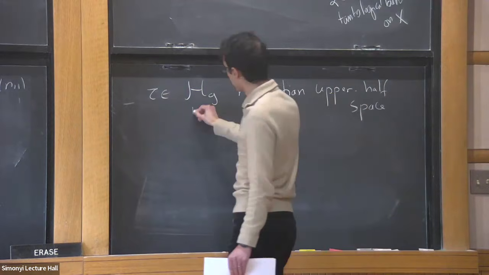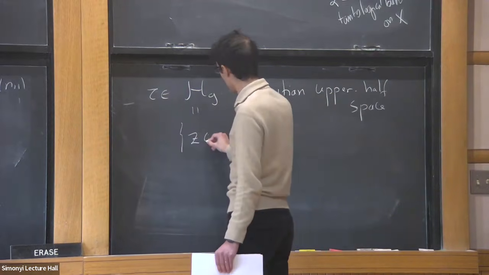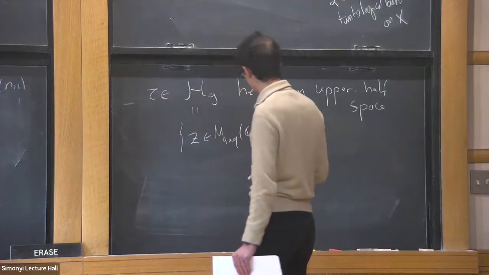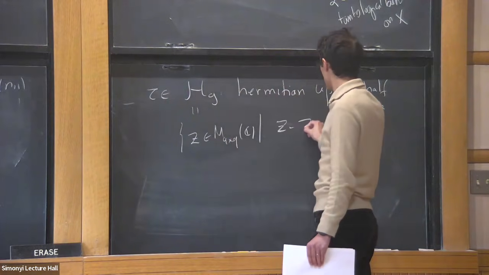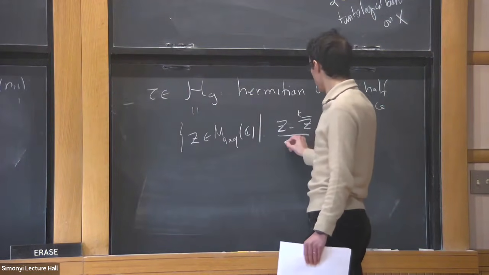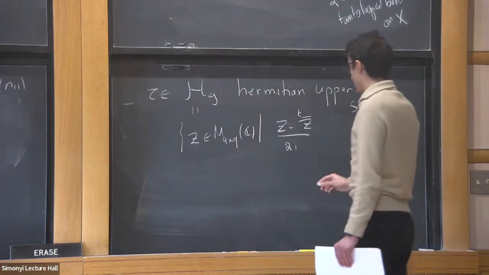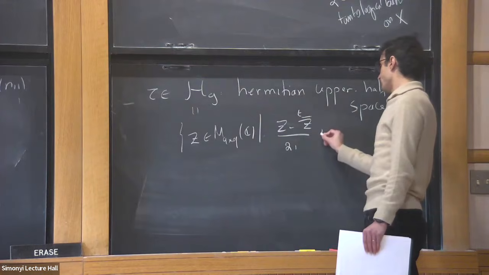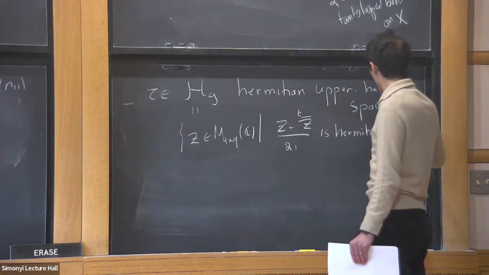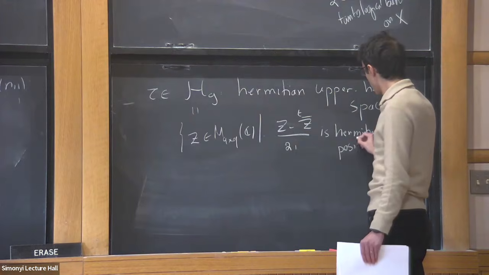And so this is the set of g by g complex matrices such that when you do this operation, (Z minus Z bar transpose) divided by 2i, this is Hermitian and positive definite.